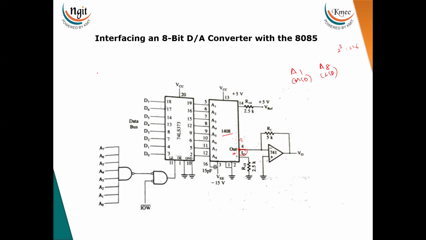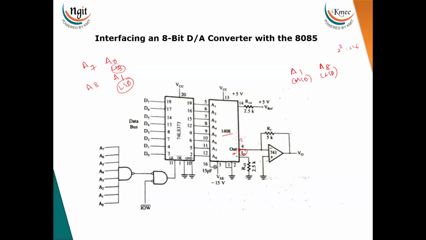Generally, if you write binary values, you start with the LSB bit A0 and finally A7, otherwise A1 to A8. A0 and A1 generally we take as LSB bits. But coming to the 1408 DAC IC, A1 is the MSB bit and A8 is the LSB bit.